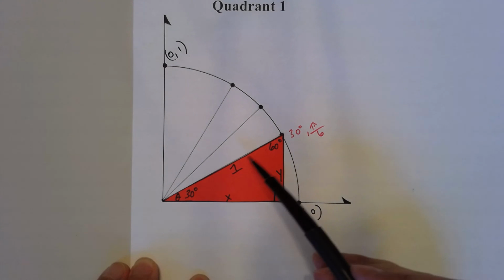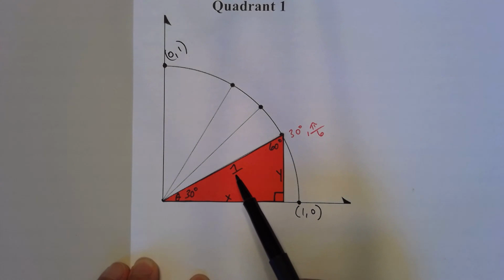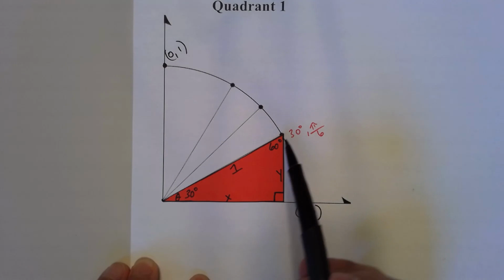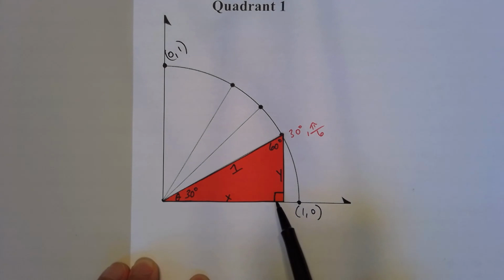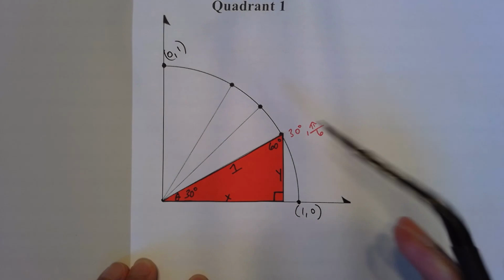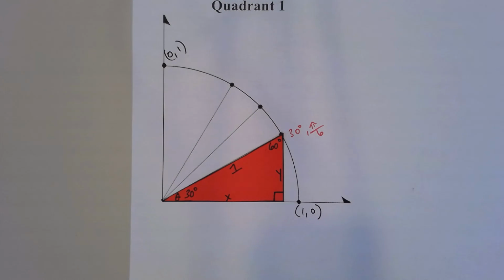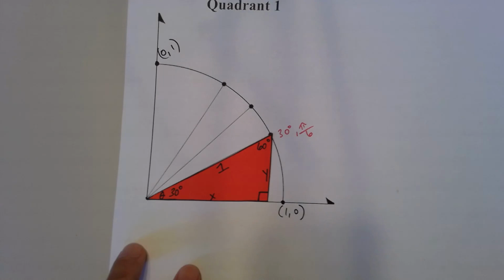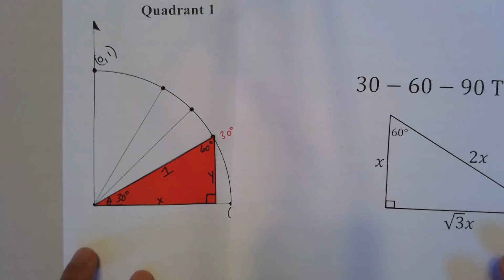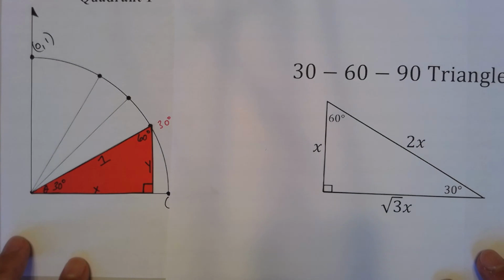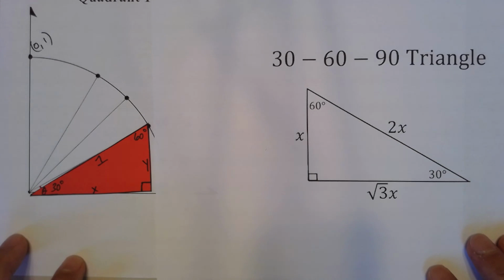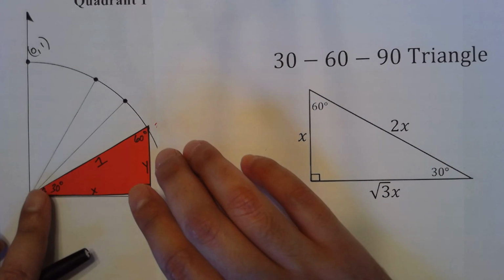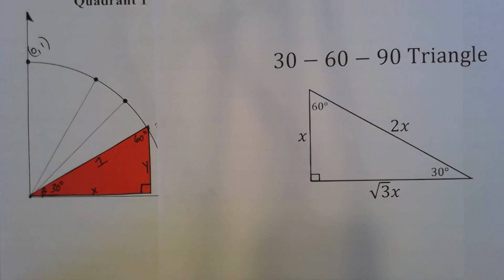So I know that this here is 1. That's why I have 1 right there, because it's the radius. Now what I have to figure out is what is the x going to be: how much do I have to go over, and how much do I have to go up? To do that, you're going to use our notes from last time. It's a 30, 60, 90.